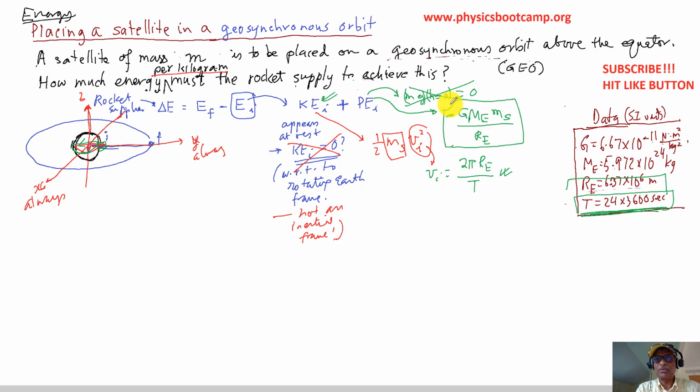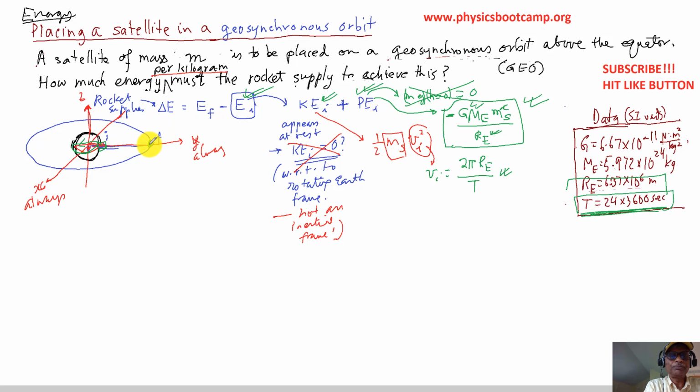So let's see what we have. We do have R_E, m_s we will set to 1, and the mass of the Earth is known. So this whole thing is known by this calculation. So what's going on over here? That's the one we need to figure out.